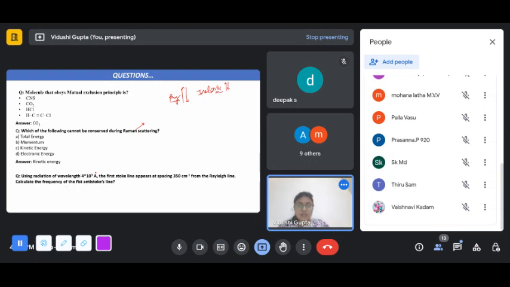The wavelength of the incident radiation is given, 4 into 10 raised to the 3 Angstrom, and the spacing is also given. But what is spacing here? It is the Raman shift. So you just have to calculate the frequency of the first anti-Stokes line.